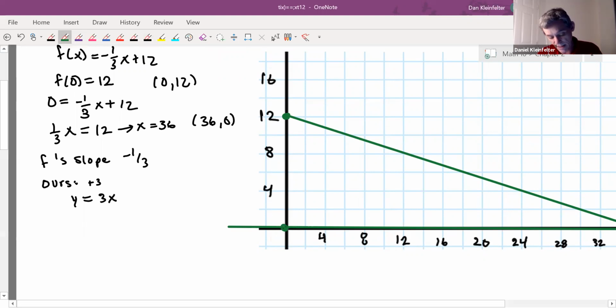So that will pass through the origin, and then we need one other point. Something that's convenient, well, let's try x equals 4. When x equals 4 on this line, the y will equal 12. So our second point will be the point 4, 12.